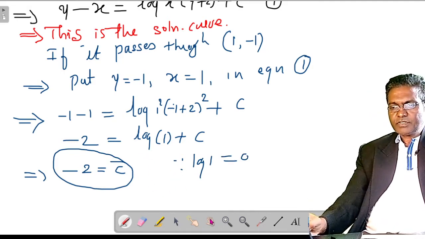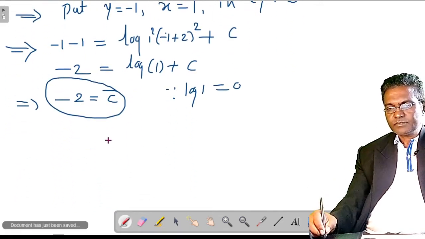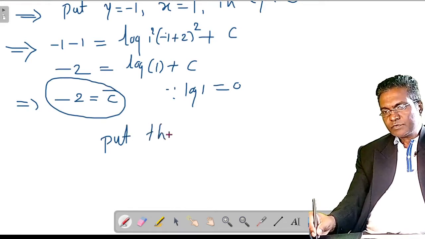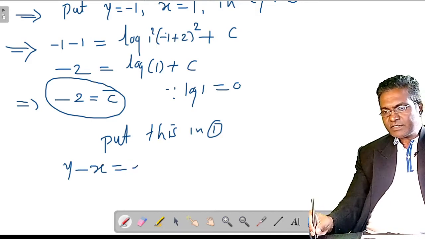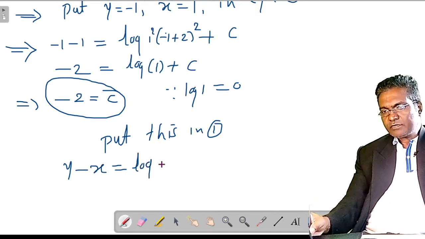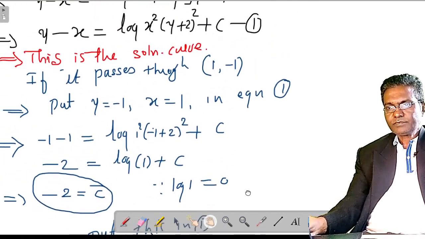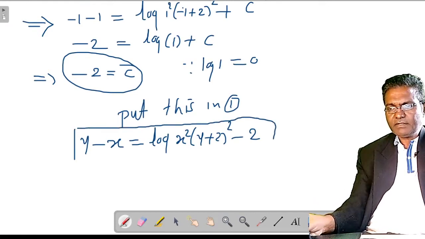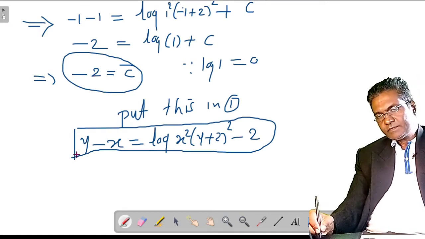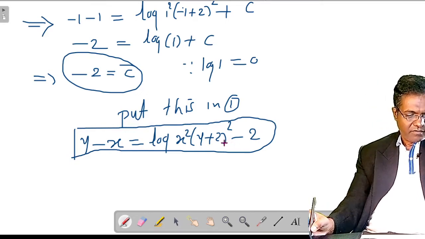Now substitute in this solution curve. You will get y minus x is equal to log of x square into y plus 2 whole square minus 2. So this is the required curve that passes through the given point. You can verify it. If you put the corresponding x, you will get the corresponding y.